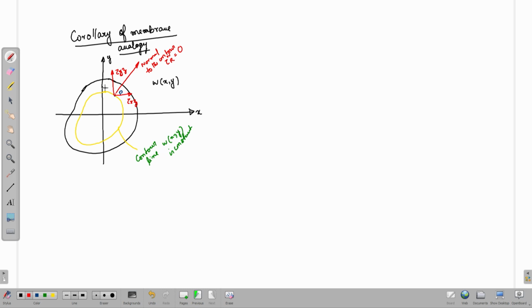So, the entire resultant will be in the tangential direction. Only the tangential resultant is there.